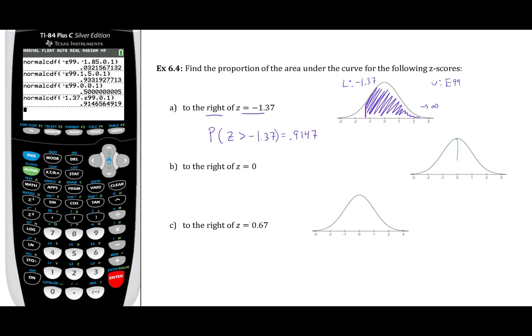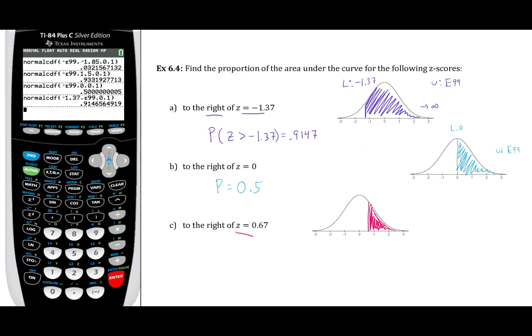I'm going to skip typing this middle one into the calculator because it's going to be the same thing. Our lower bound is going to be 0. Our upper bound is going to be E99. And the probability will be 0.5 again because it's going to be exactly half the graph. Now our third picture, to the right of 0.67, somewhere around there, shading to the right.